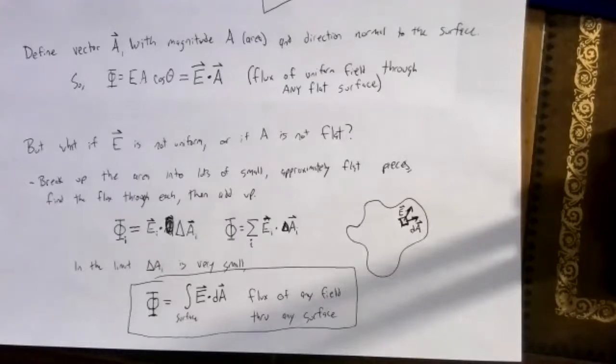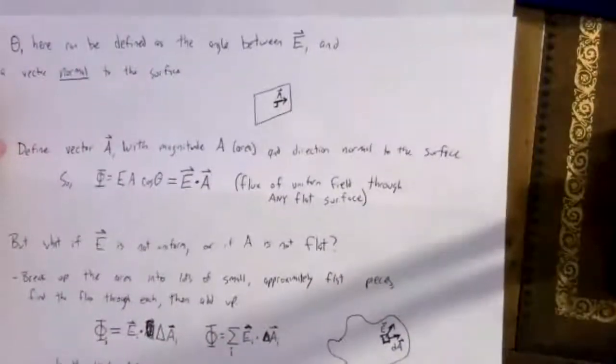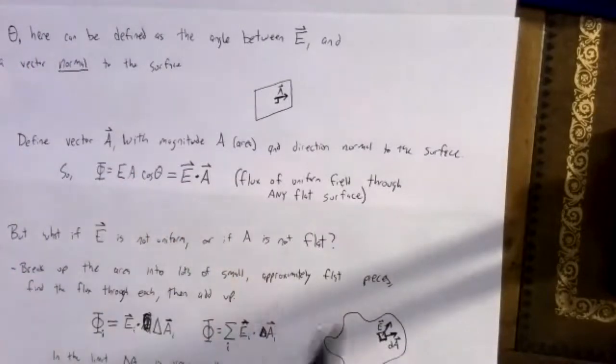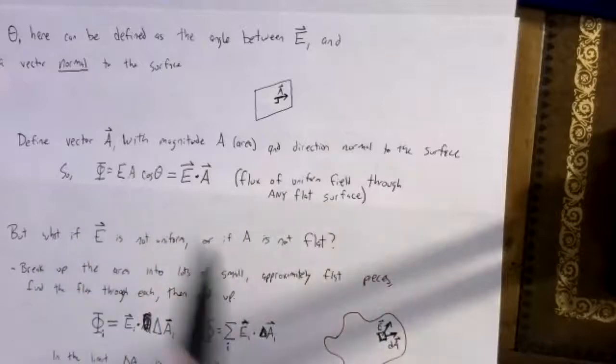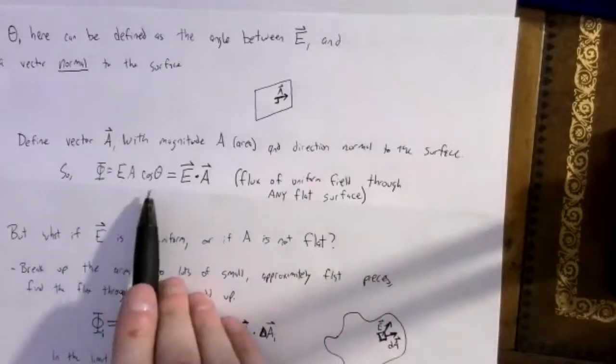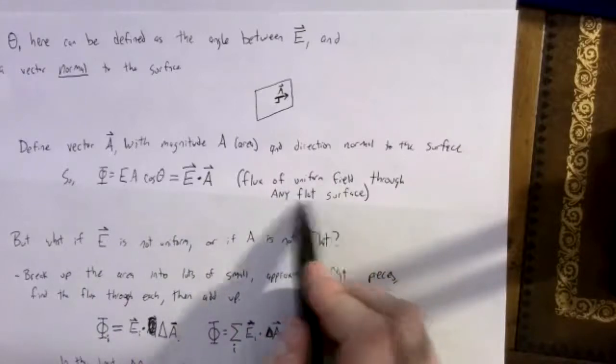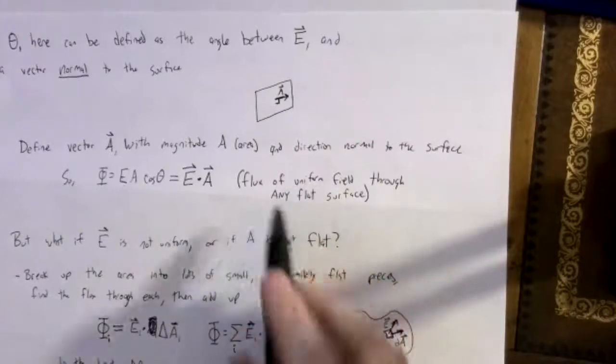It does. But earlier in your lecture, you said you multiply the electric field times the cosine of theta times the area. Right. So until we get to the integral, we're still doing a very special situation where the field is uniform. You're right.